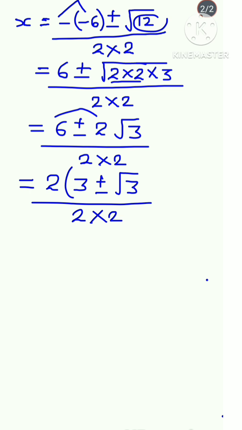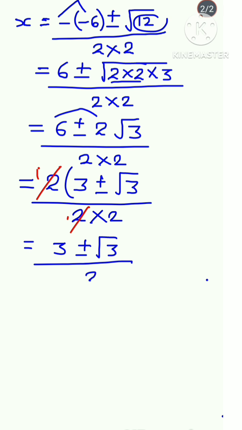Now these 2 and these 2 can be cancelled out, and here remains 3 plus minus root over 3 by 2.